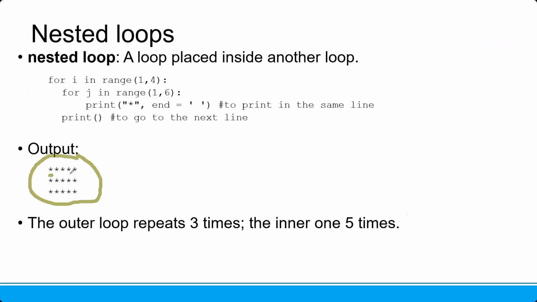In this case, I want to see 3 loops from the outer, and then I would like to get 5 loops from the inner. Then how can we do this?